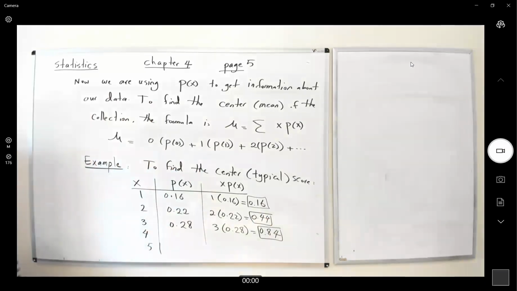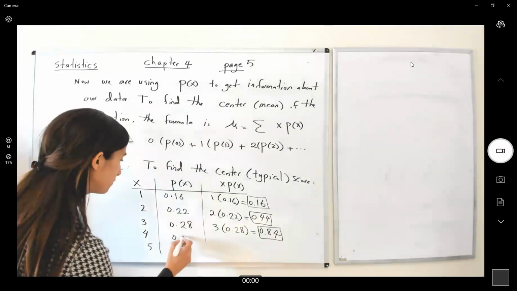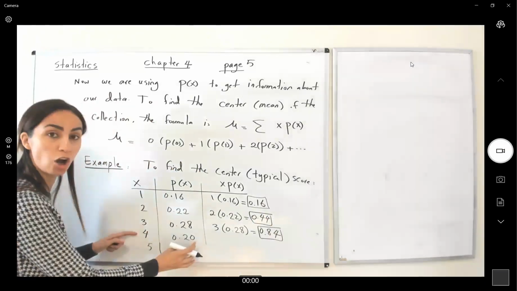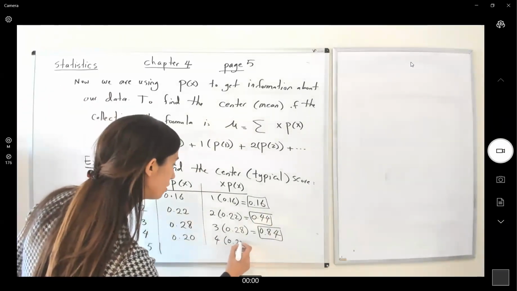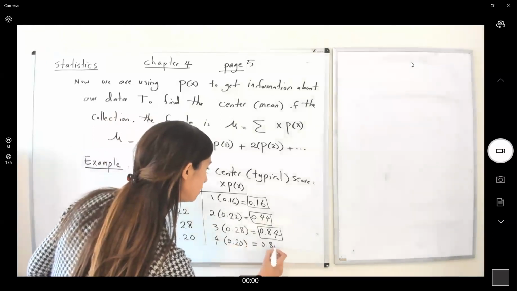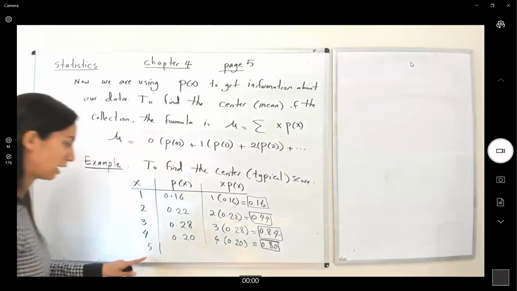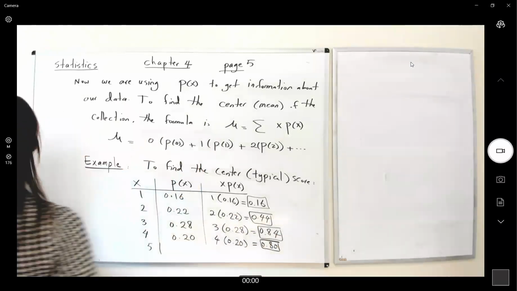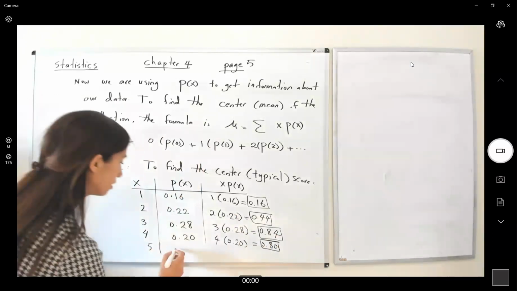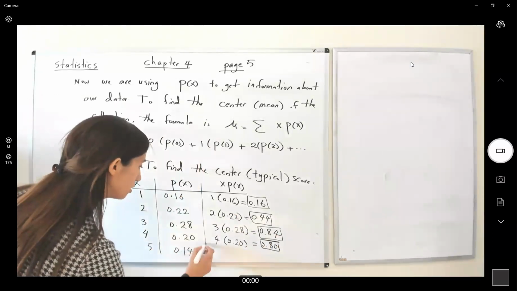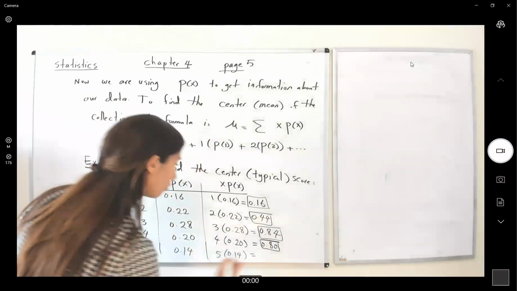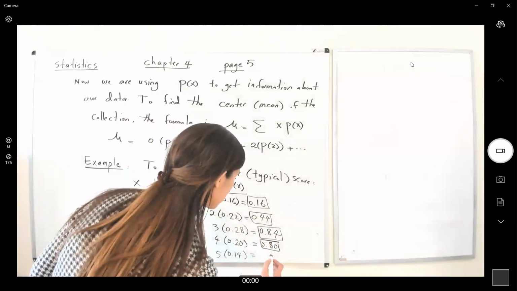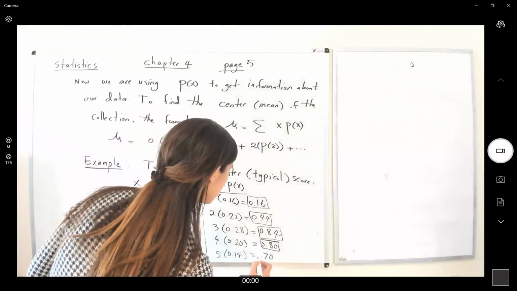For 4, the probability is 0.20. 4 times its probability is equal to 0.80. And finally, you have 5. The probability for 5 is 0.14. If you multiply 5 by 0.14, what do you get? 0.70.